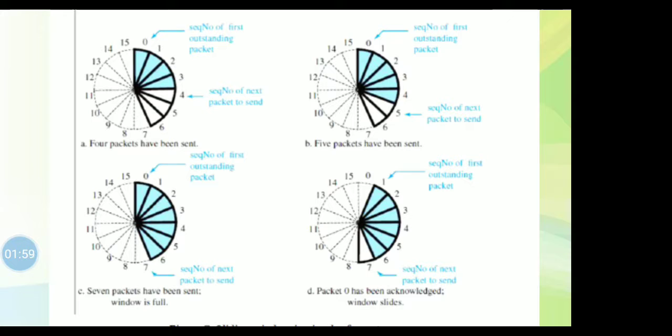So you can see here packet 0 has been marked, but in the fourth diagram D, packet 0 has been unmarked because the acknowledgement has been received.